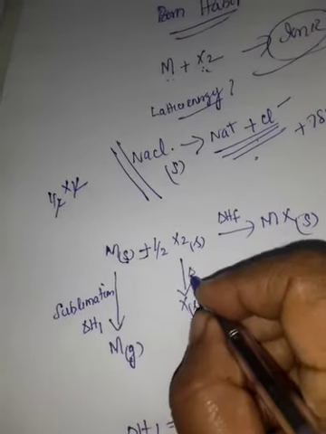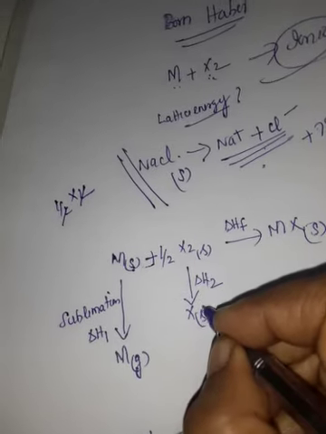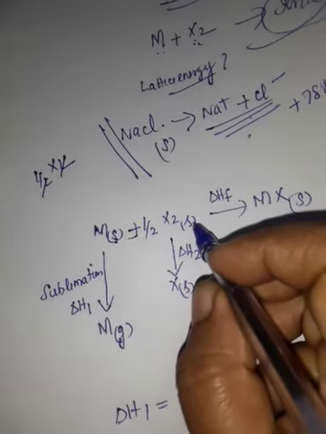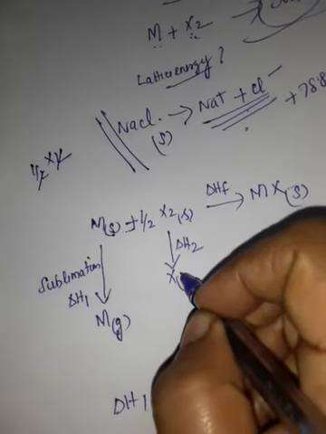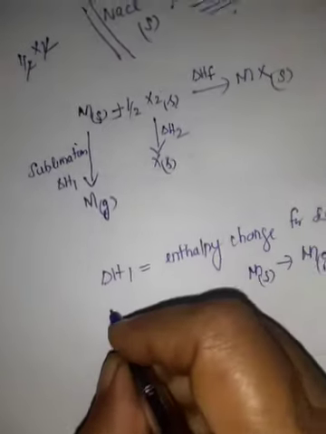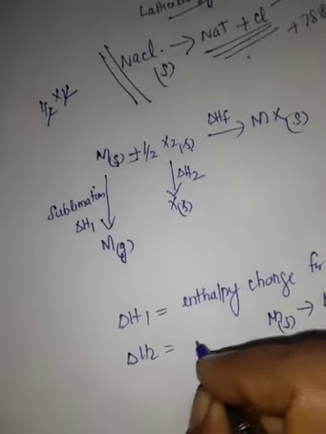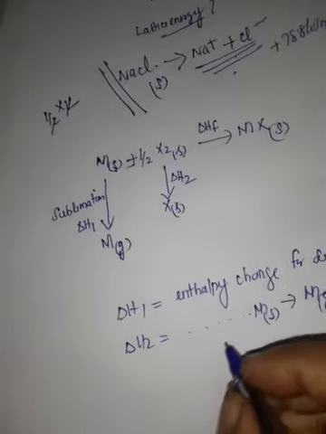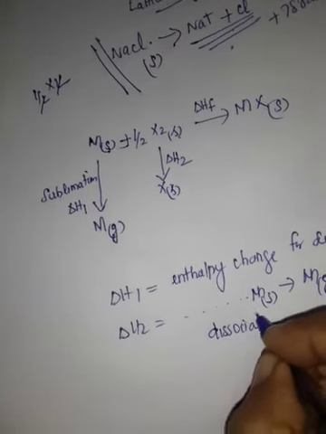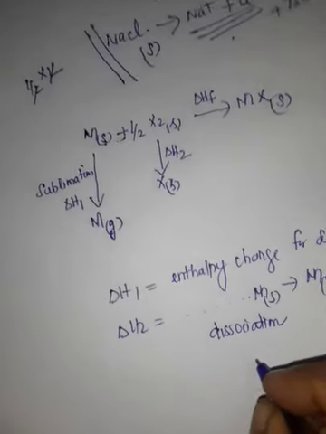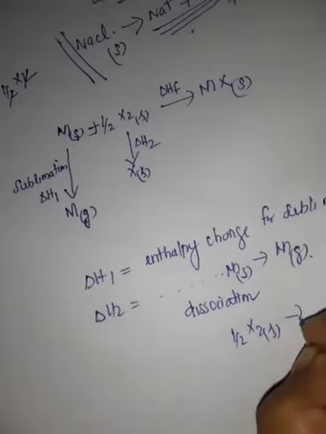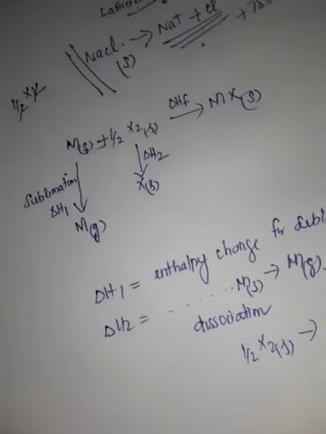This is delta H2, called dissociation. That is, a gas converted into atoms, atomization or dissociation. So delta H2 is the enthalpy change for dissociation, that is, half X2 gas converted to X gas.